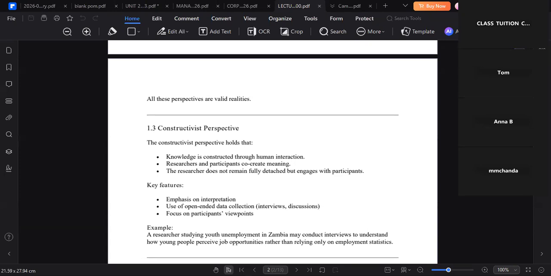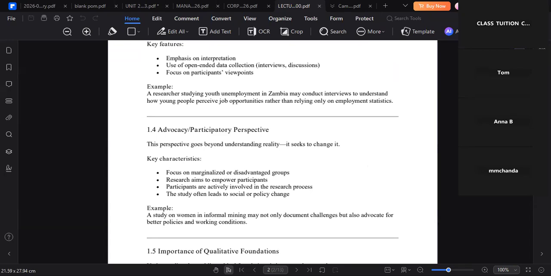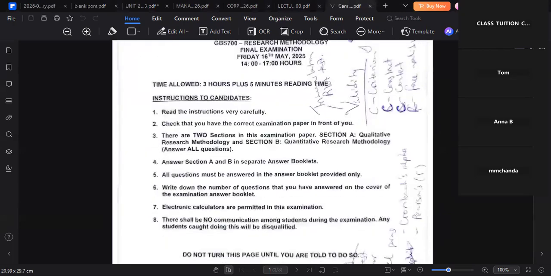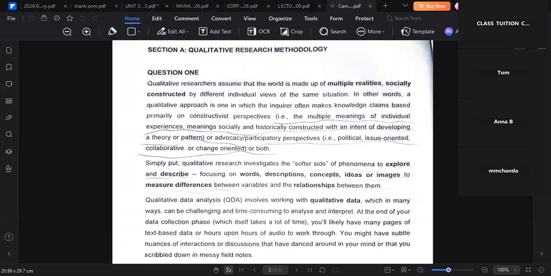Okay. So we also have what is called the advocacy or participatory perspective, and you are looking at qualitative research. To help us understand last year's paper, we'll go through and delve into a few principles. Question number one asks us to read this case study.